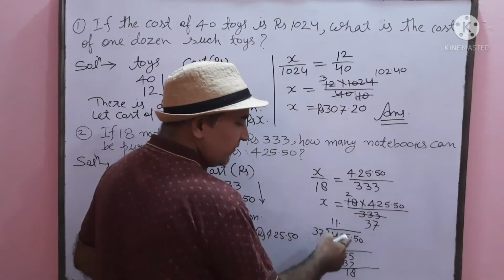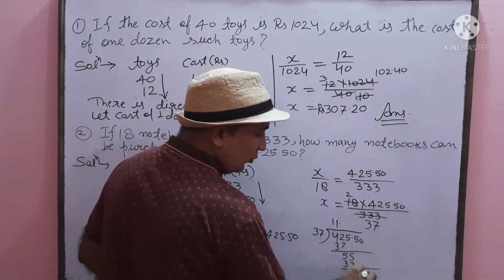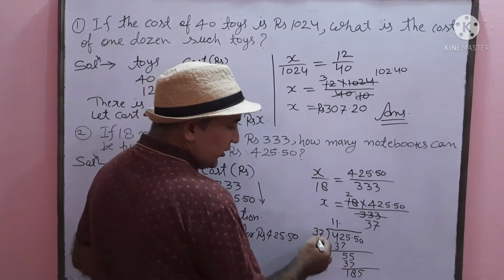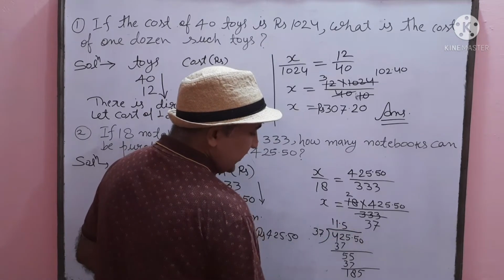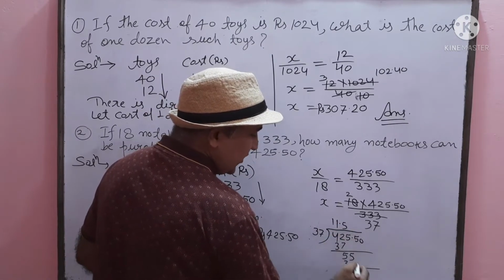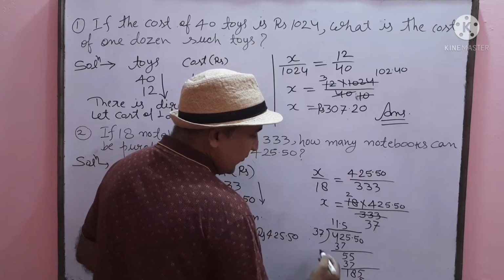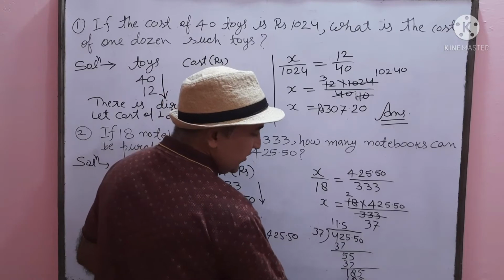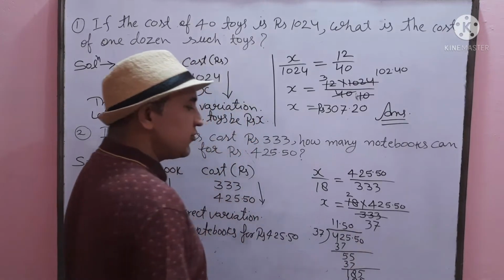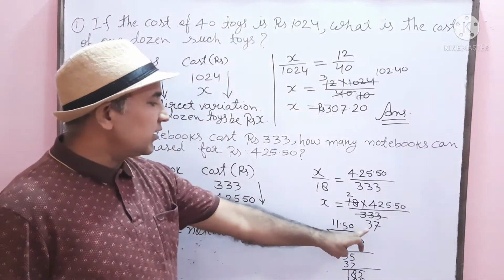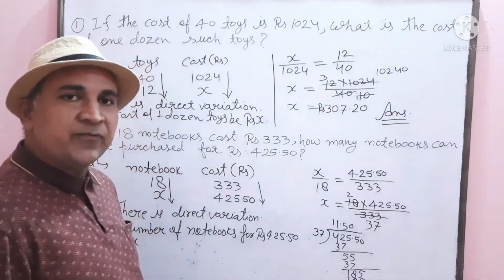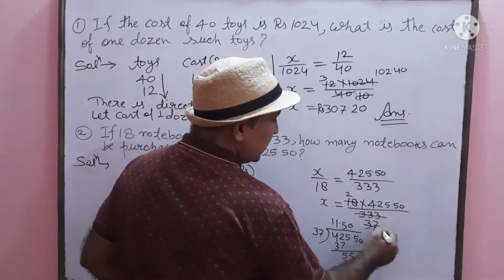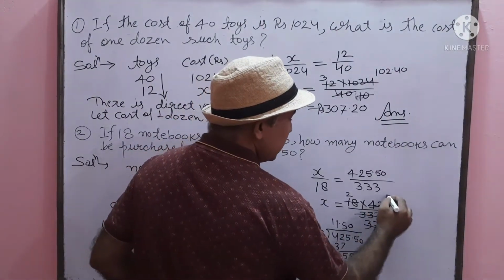We put the decimal here, so we do not need to write the decimal down. Now put here 5. 37 5s are 185. Then this 0 is coming down. So 3700. That means when 37 is dividing 425.50, we are getting 11.50.